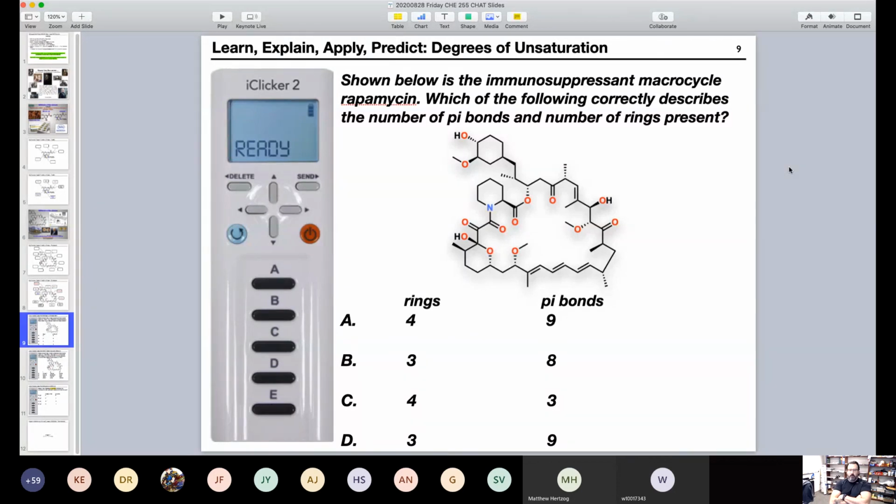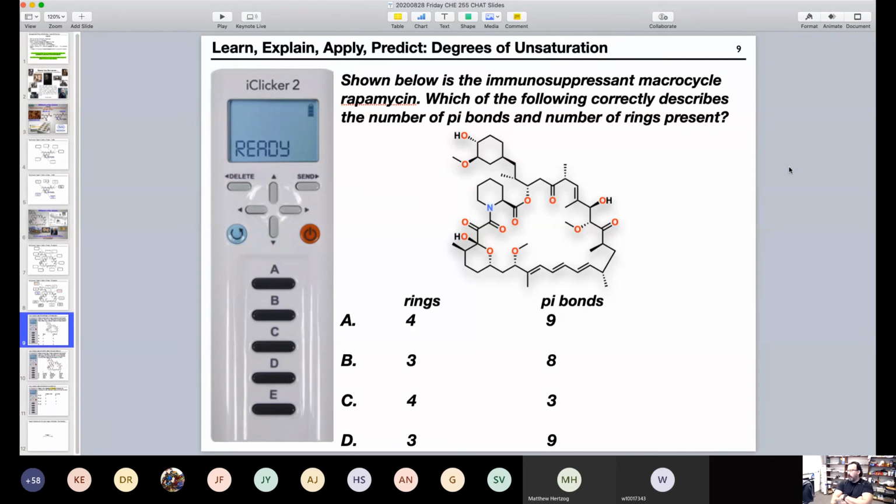So maybe for this one type a letter, since you have sort of 2 columns you need to choose in. There are definitely 9 pi bonds. That is for certain. But there are not 3 rings.